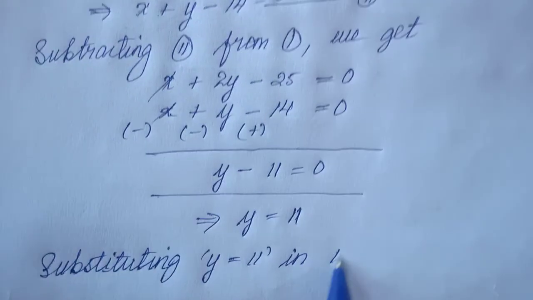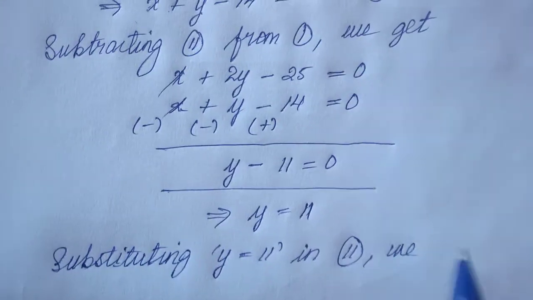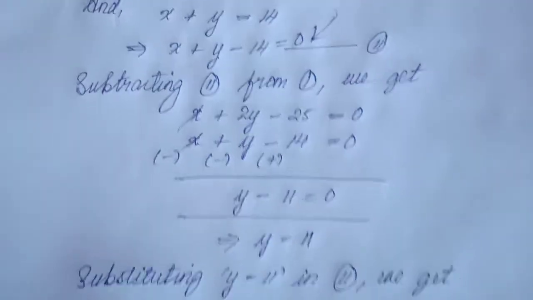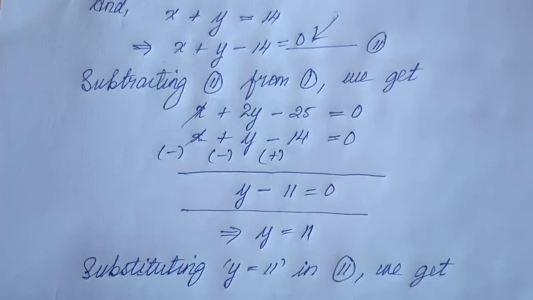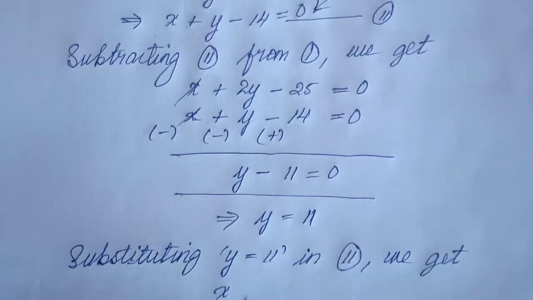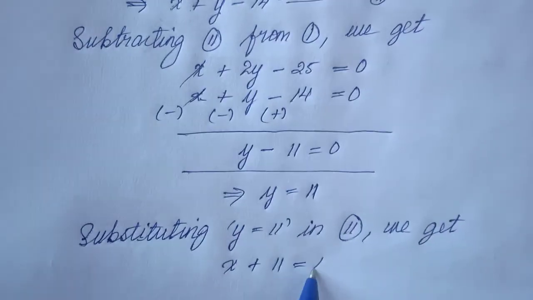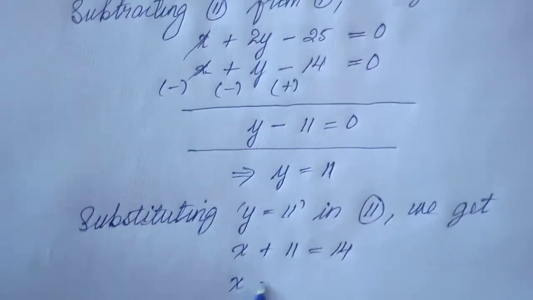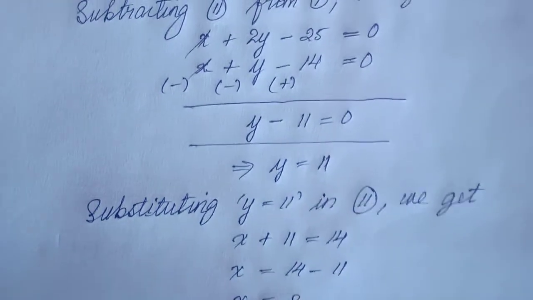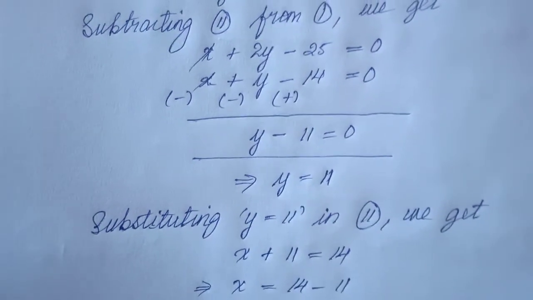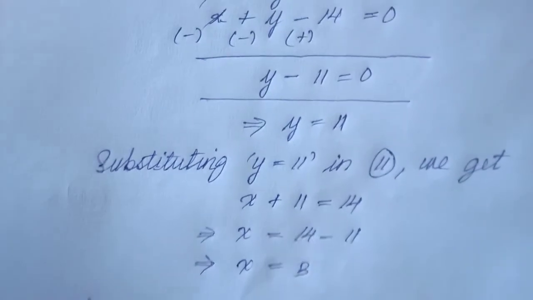Equation 2 is x plus y equal to 14. That means that x is equal to 14 minus 11, which is 3. That means she bought 3 pencils.